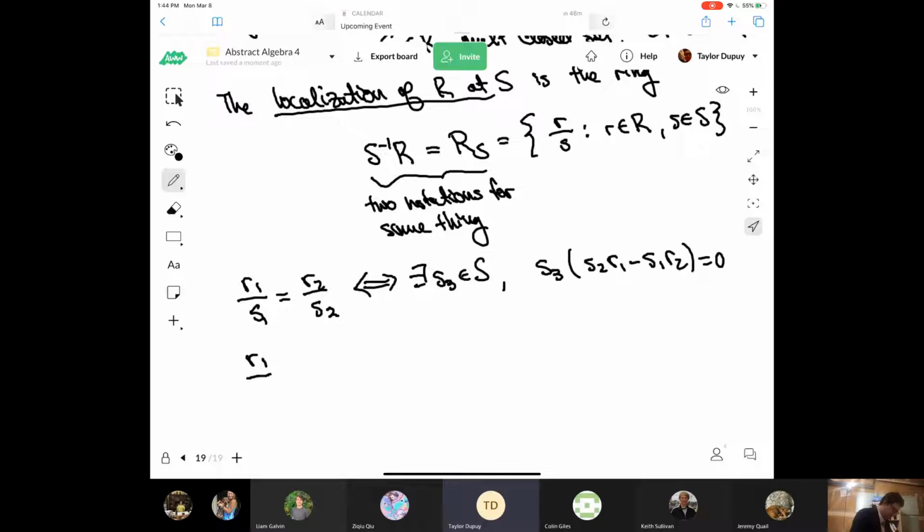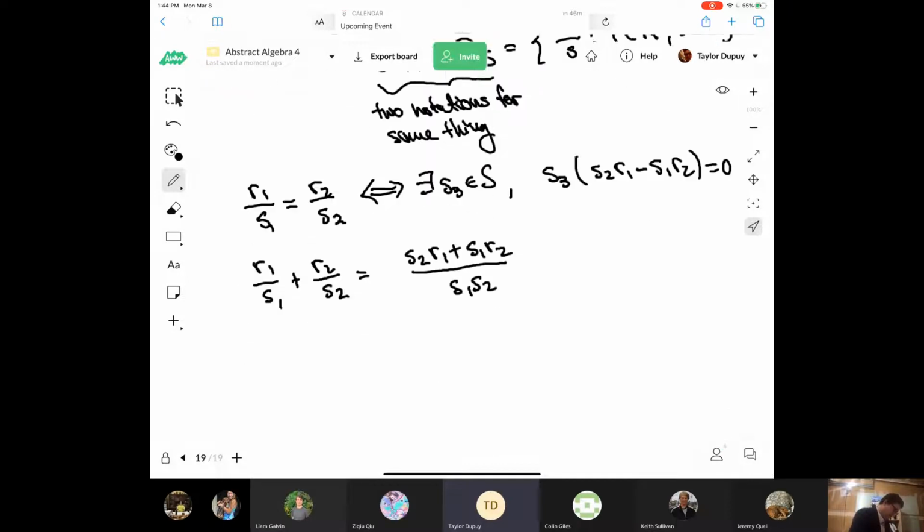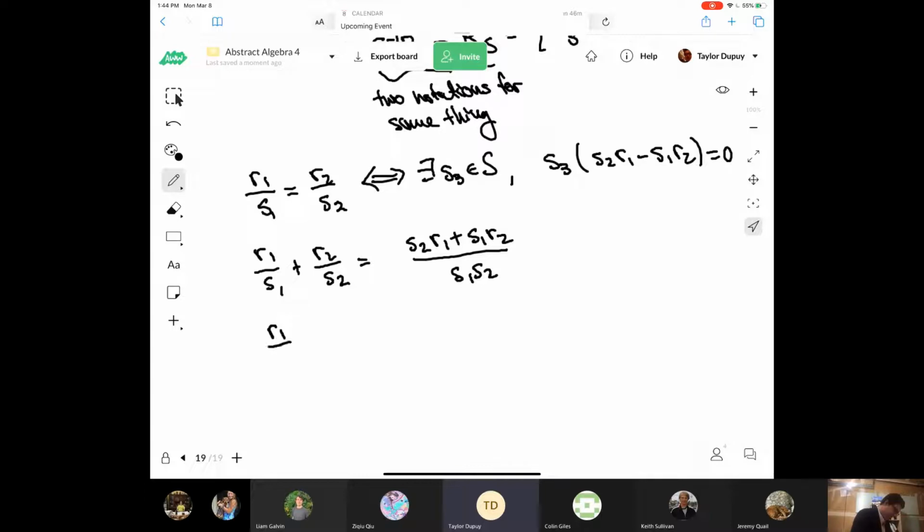So r1 over s1 plus r2 over s2 is (s2 r1 plus s1 r2) over s1 s2, right? And r1 over s1 times r2 over s2 is r1 r2 over s1 s2.